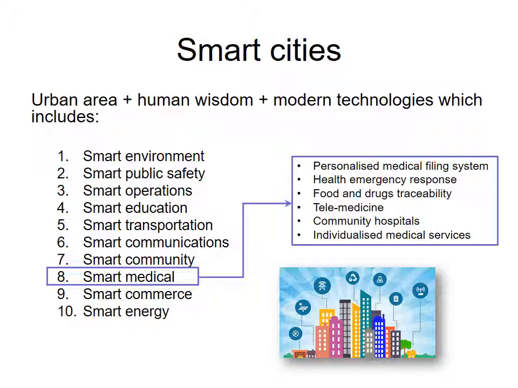And then there's the concept of telemedicine to improve community hospitals, to be made in communicating with each other, to be able to offer also extra services other than the primary care, which is standard at the moment, and to also provide individualized medical services to all patients.